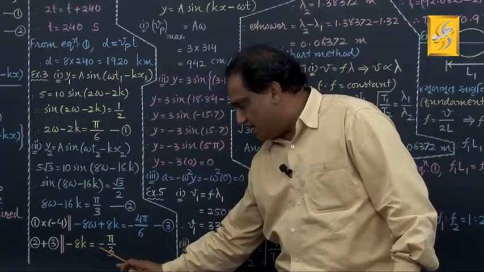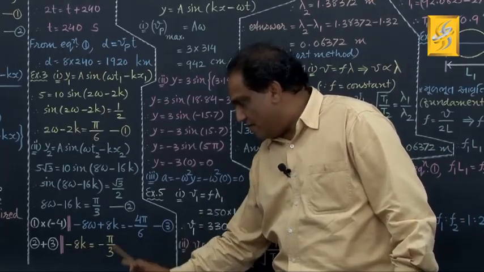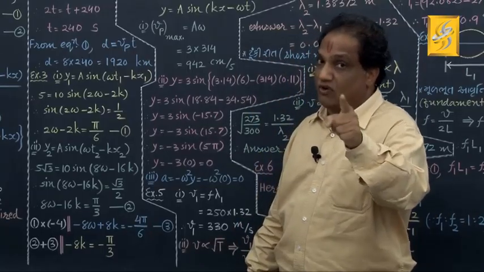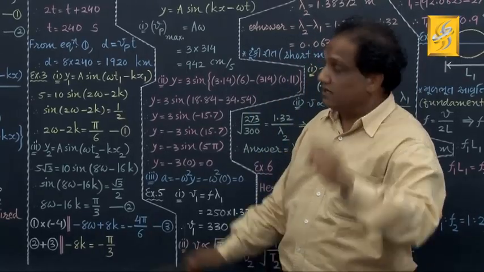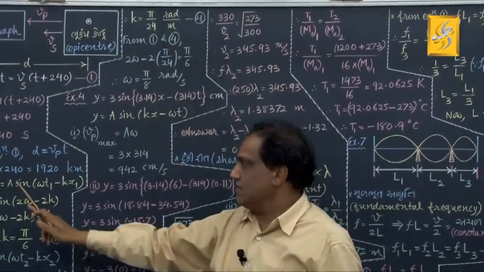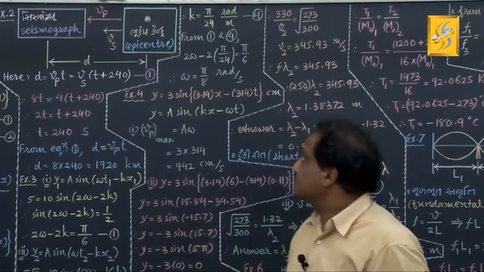Now, minus and minus cancel, find k: 8 threes are 24, so k will be pi upon 24. What is the SI unit of wave vector? Radian upon meter. That's why I am writing radian upon meter, because these displacements were given in meter, amplitude also was given in meter, fine.